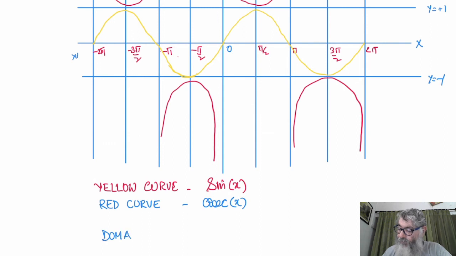Domain is of course R, the set of real numbers, minus n pi, because at n pi it is not defined.